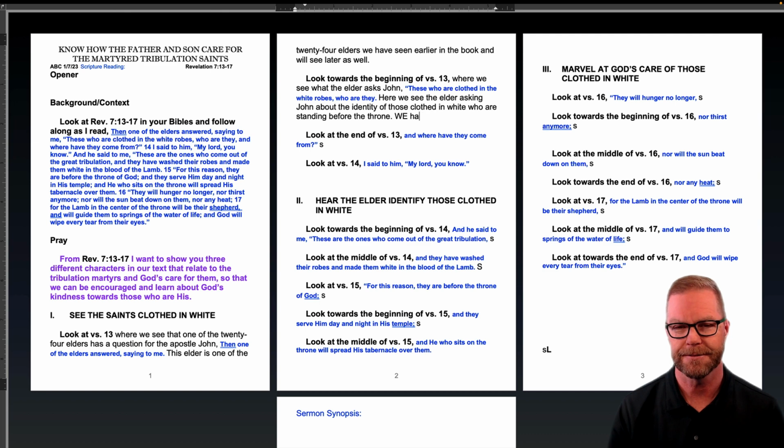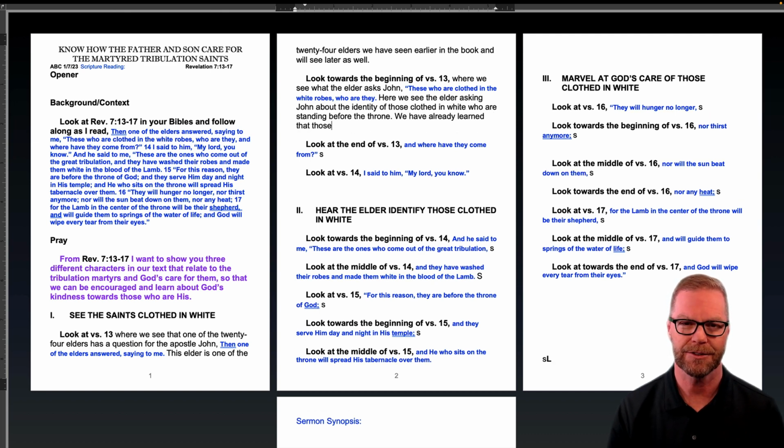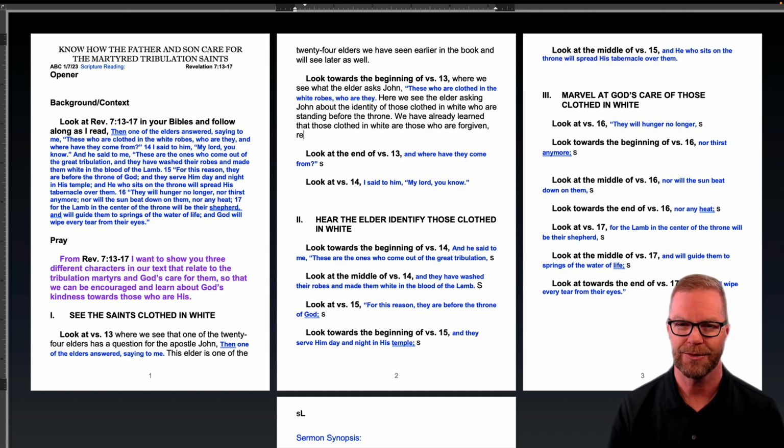We have already learned that those clothed in white are those who are forgiven, redeemed, purified, glorified, and in heaven, the saints. Okay? So I just identified who the saints were, who are those clothed in white.